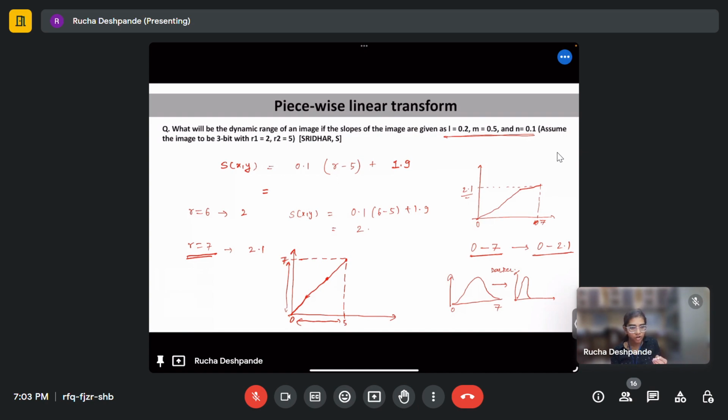In piecewise linear transform, suppose your histogram has different peaks. In that case, you can use different functions for each range to enhance the image. So you can use different mappings in different ranges of DN values.